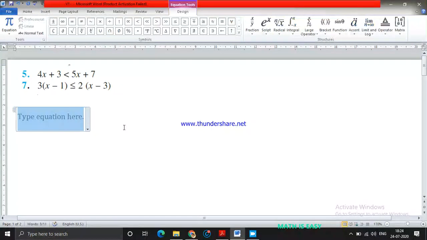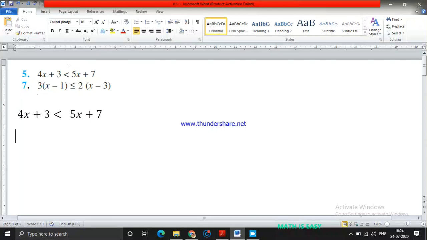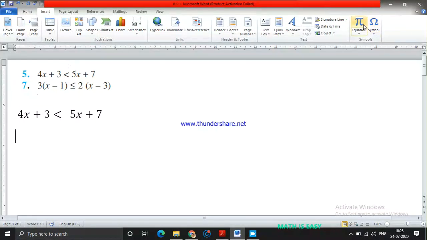So if I go for the fifth question solution, you have 4x plus 3 is less than 5x plus 7. So let me write here 4x plus 3 is less than 5x plus 7. Next step, I add minus 3 on both the sides and see what you get.